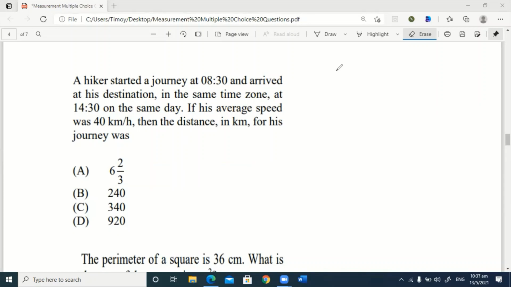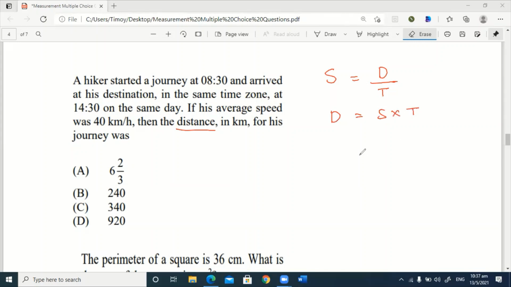We know that speed is equal to the distance divided by time. If they want us to find the distance, then we can transpose this formula to say that the distance is equal to speed multiplied by the time.